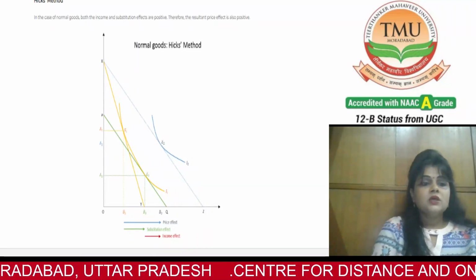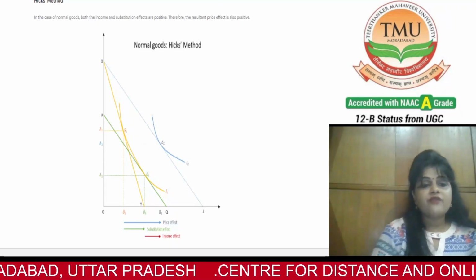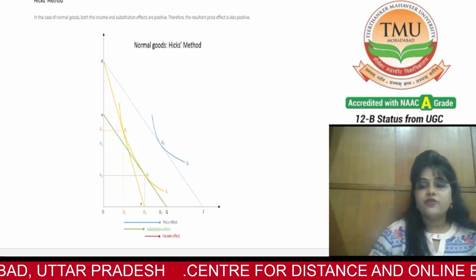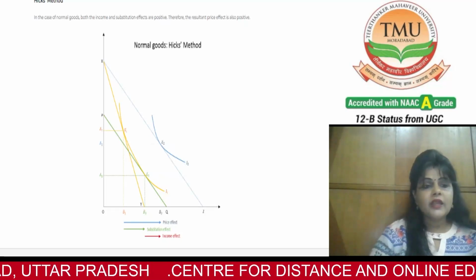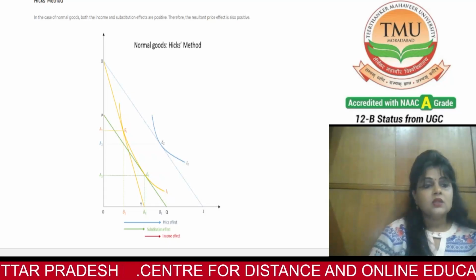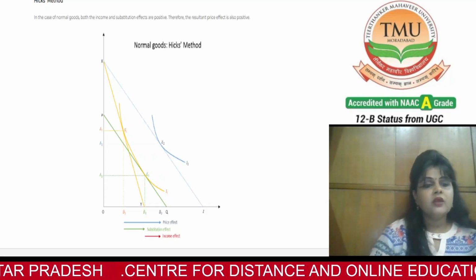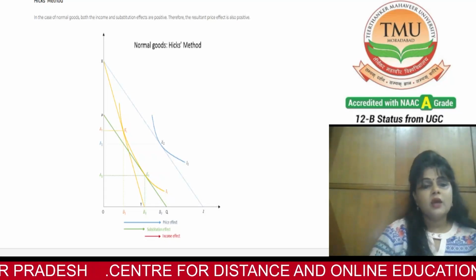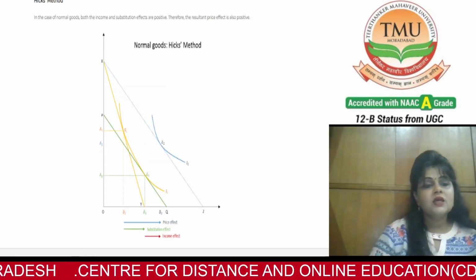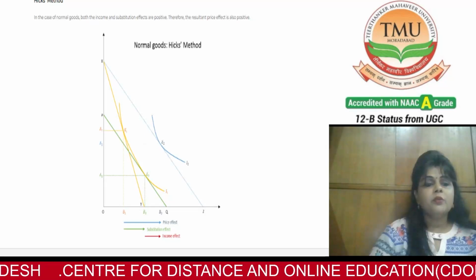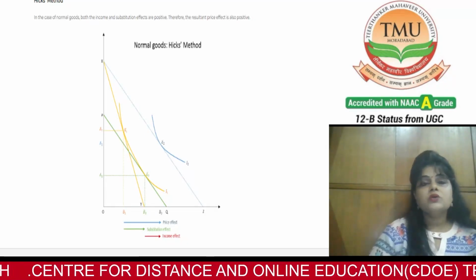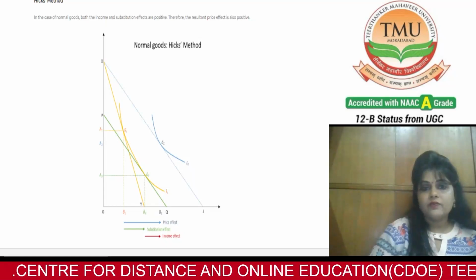The budget line needs to be shifted leftward in order to return the consumer to the original indifference curve. The new budget line must be tangent to the original indifference curve. Hence, the income effect is eliminated by reducing the income level through the leftward shift in the budget line. As a result, the visible change in quantity demanded is due to the substitution effect only. We will discuss it in this diagram.